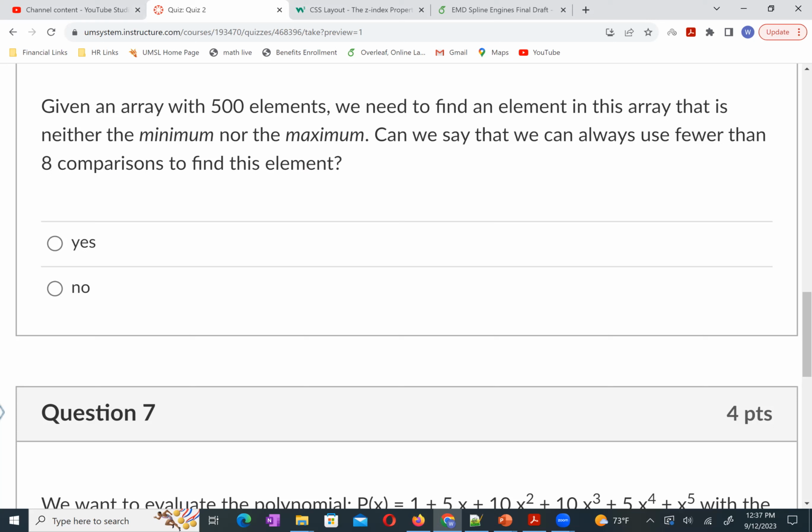For questions like this, one commonly used method, remember last time I talked about reducing the problem size, right? A common way to find a solution is to reduce the problem size. Here, the problem size is 500 elements. That number is pretty big.